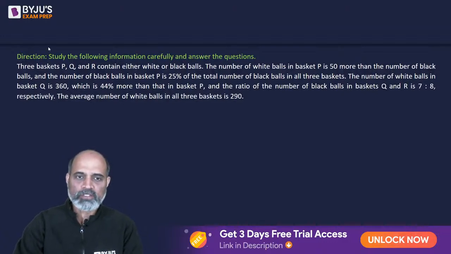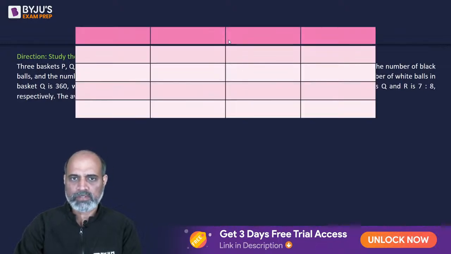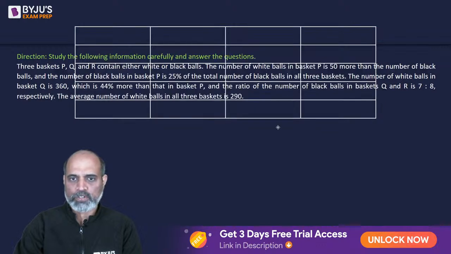So we have 3 baskets, right? And we have black and white. So we will write basket and black and white. So this is all we need. We should also have a total, and this too, right? So this is what we are going to have.